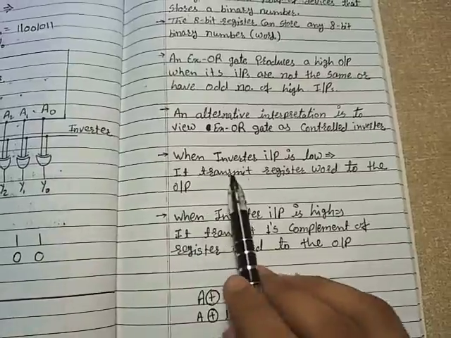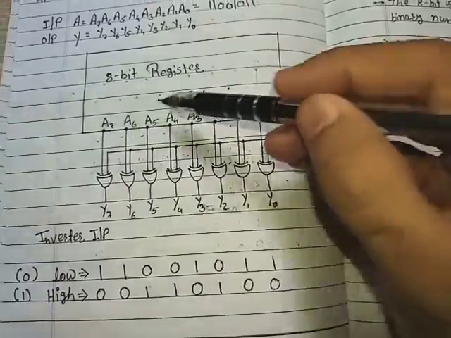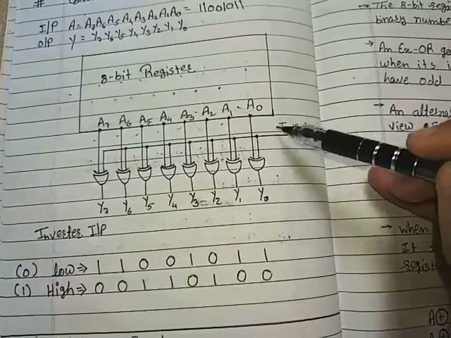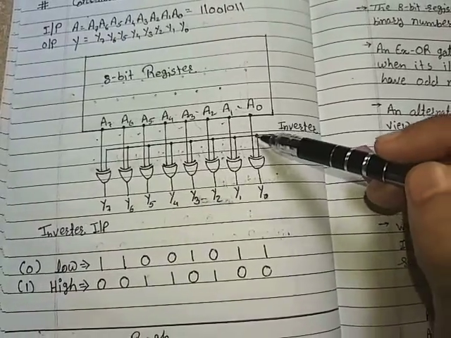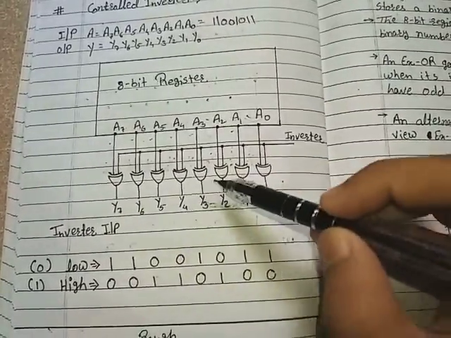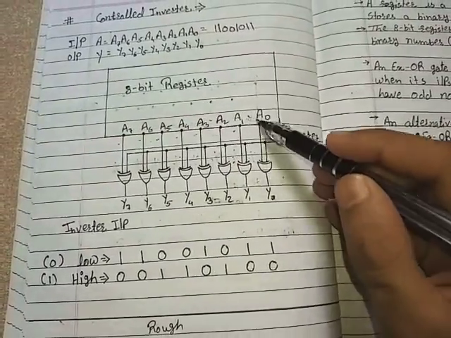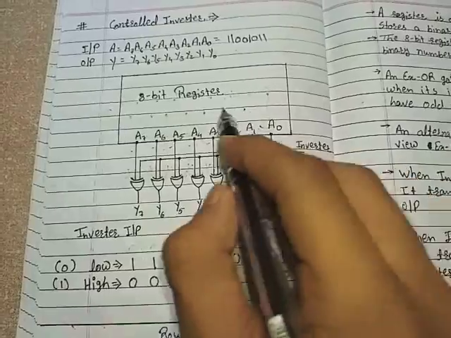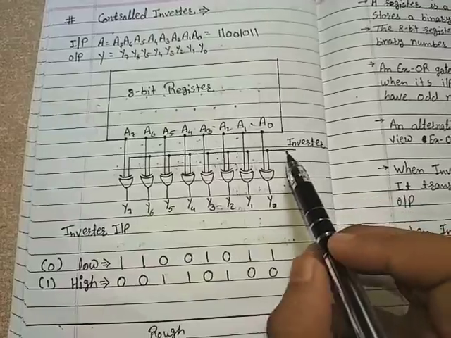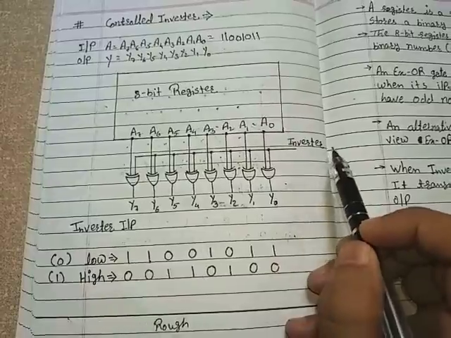All the bits pass through the XOR gates, with a common inverter input going to all the XOR gates. That means for each 2-input XOR gate, one input comes from the 8-bit register and the other input is the inverter. So the value of the output depends on the value of the inverter.